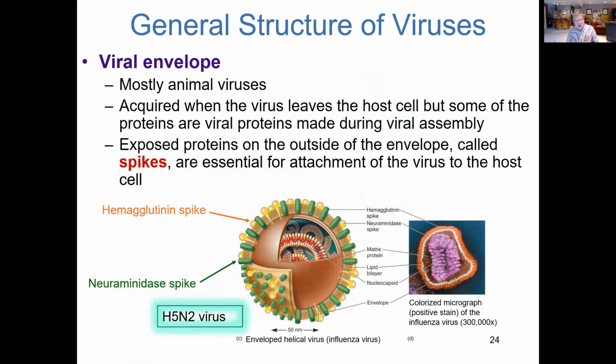Okay, so let's go back to envelope viruses and talk a little bit about them. Most all animal viruses would be of this type, enveloped. And as I mentioned a little bit earlier, the virus acquires its outer envelope typically when it leaves the host cell. Now, there are some cases, as the second bullet here indicates, that are assembled within the cell, and we'll get into that process a little bit later.